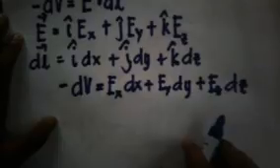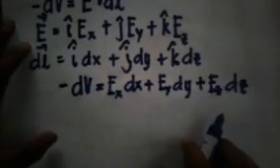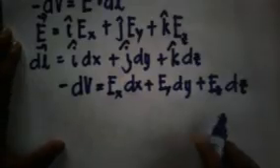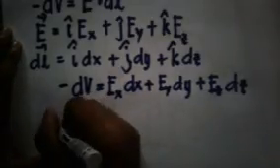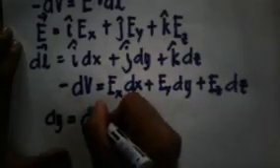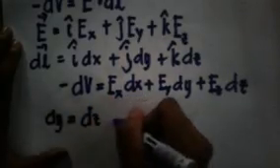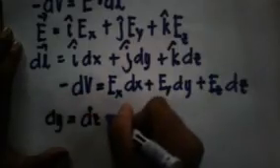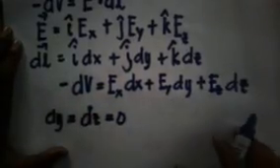Now suppose the displacement is parallel to the x-axis. So dy is equal to dz, and this will be equal to 0.